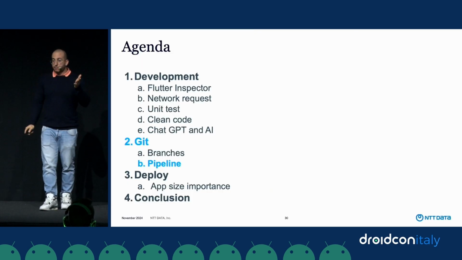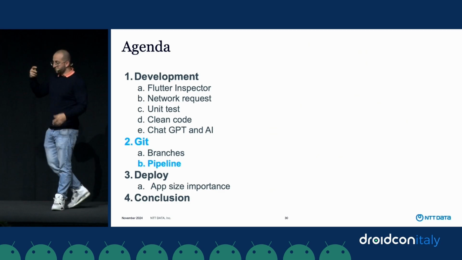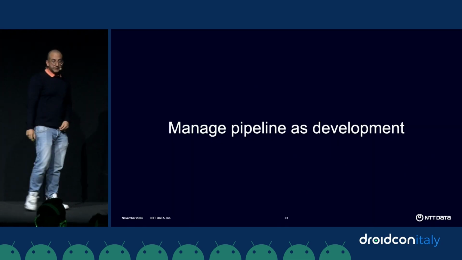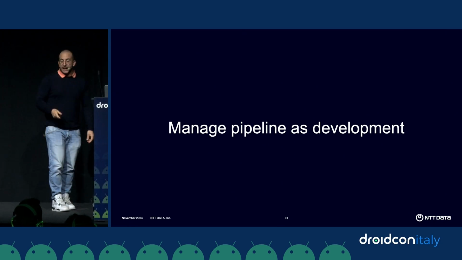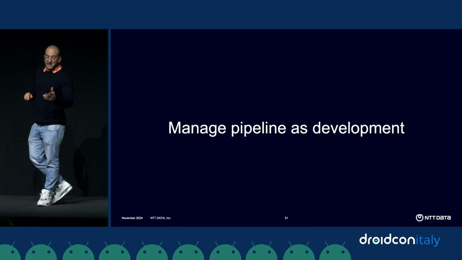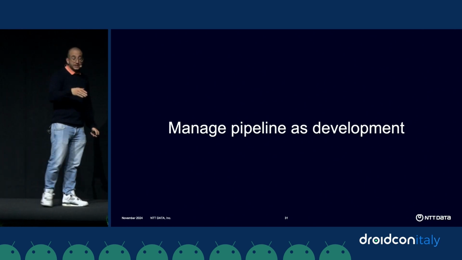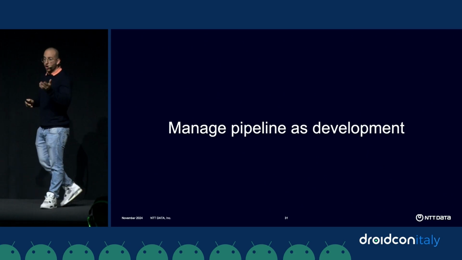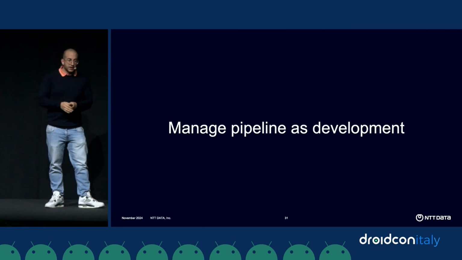So we can pass to the pipeline. After commit, push, merge, we can run pipelines. So manage pipeline as development. What's the meaning of this? This means that you have to run jobs asynchronously as much as you can. So if your job can run asynchronously, do it.